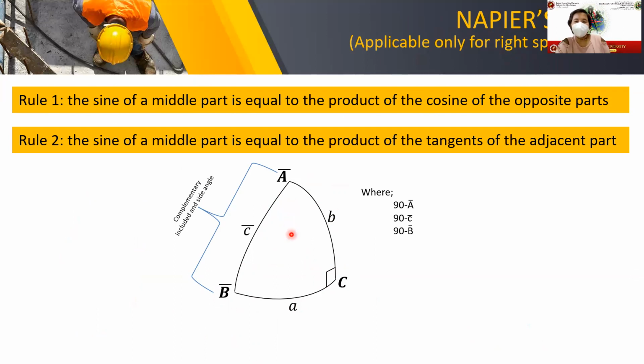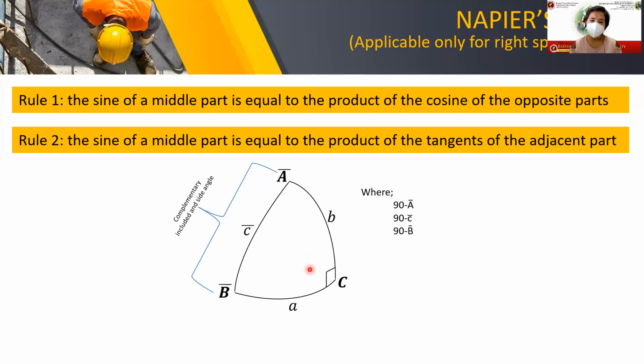If you follow the law of cosine and there is a 90 degree angle, you can get an undefined or syntax error in the calculator. So it is better, if one of the angles of the spherical triangle is 90, to employ Napier's rule.